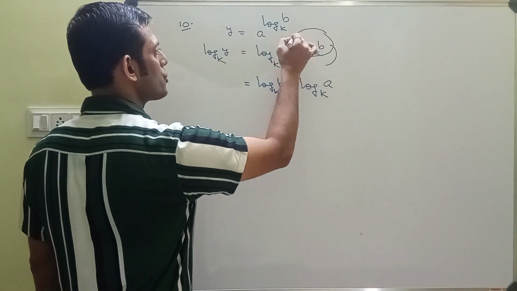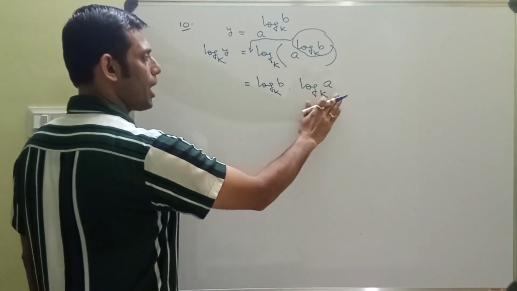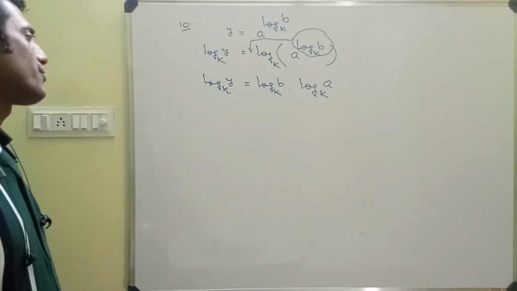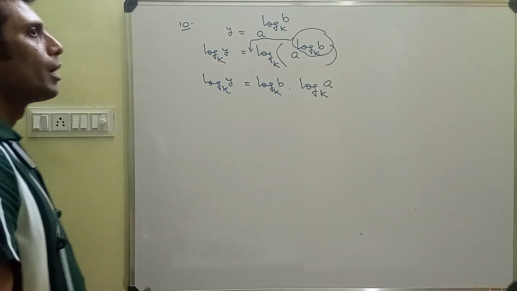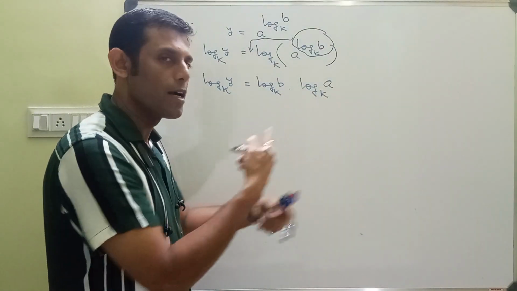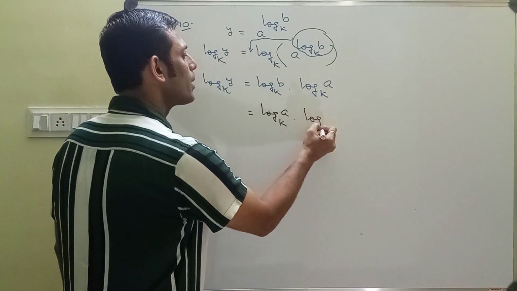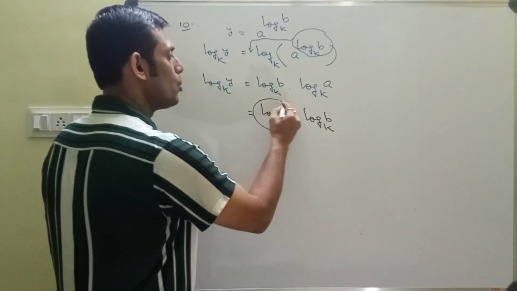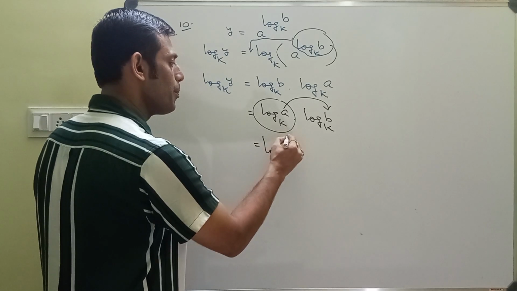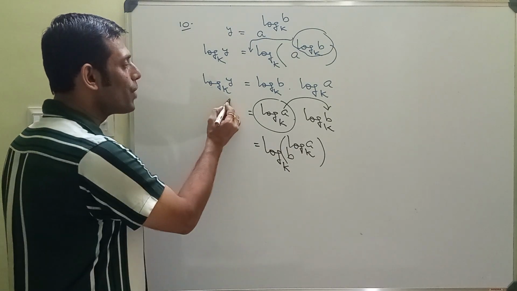This thing shifts to the side, makes it like this. This one goes separate, and then we have log y base k still alive on the left side. Now, it's like 5 into 9, I can also write it as 9 into 5. Log a base k, log b base k. This can go to the power, and then it can become log b base k with a power log a base k. And what do we have here?